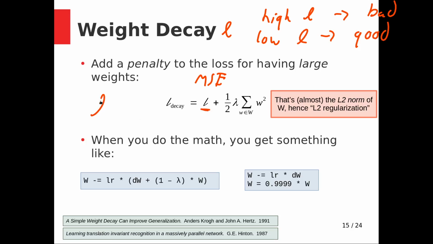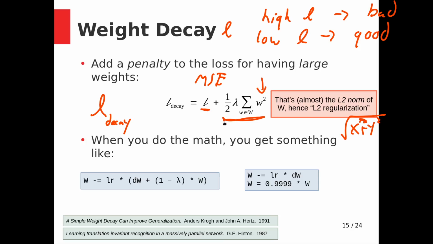We create a new L, which I'm just marking as L decay, by adding a term that is almost the L2 norm of the weights. So what I mean by L2 norm is basically how mathematicians talk about distance, right? That's your good old Euclidean distance formula, right? So it's basically the distance formula, but of all of the weights, right?